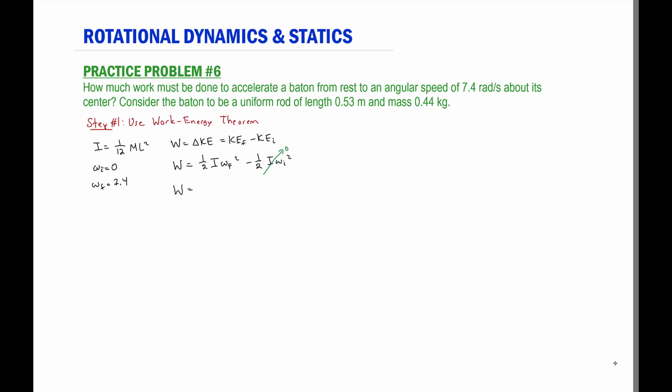We have W equal to 1/2 I omega_f squared. W is equal to 1 over 2 times 1 over 12 m l squared omega_f squared. We do know that m is equal to 0.44 and L is equal to 0.53. So we already have everything we need to solve for this. This is 1 over 24 m l squared omega_f squared.